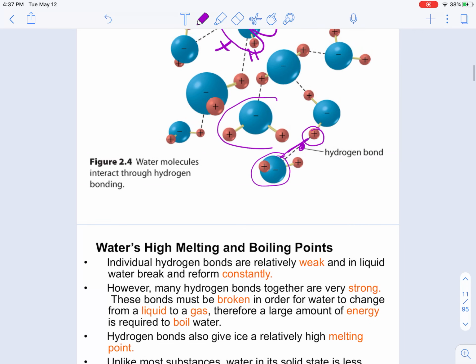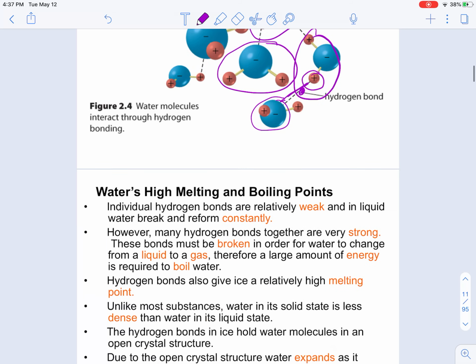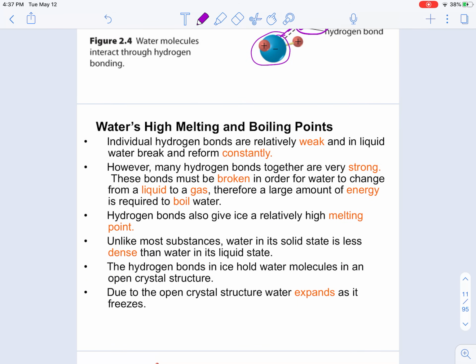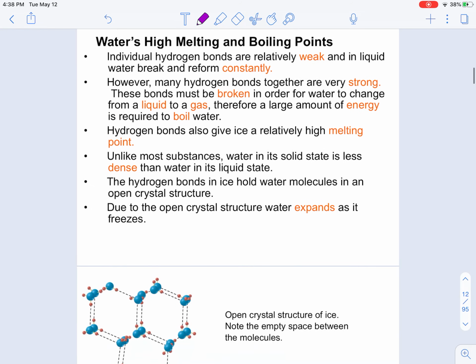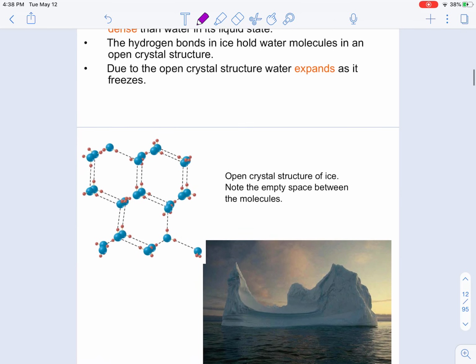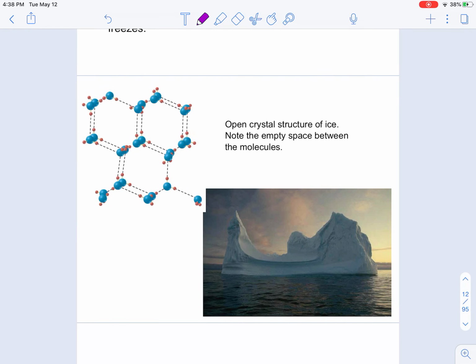So the hydrogen bonding is where one molecule of water is attracted to another one, and so they're attracted to each other. So that is why it takes a lot of heat to break those bonds and melt them or boil them, and it's why they have a high heat capacity as well. And so lots of cool features of water.